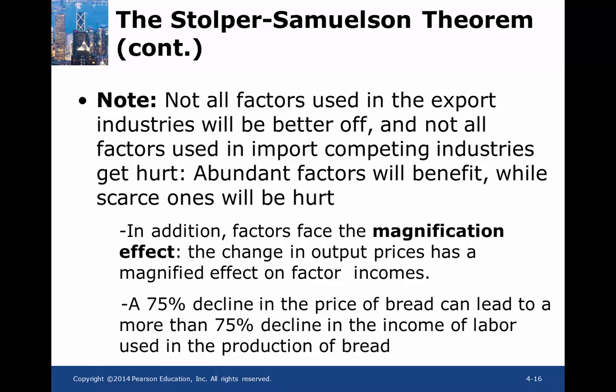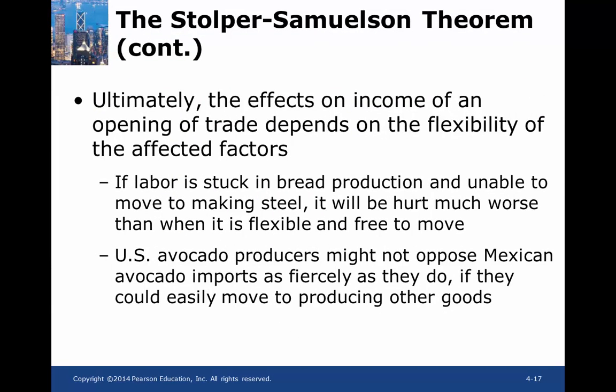A 75% decline in the price of bread can lead to a more than 75% decline in the income of labor used in the production of bread. Ultimately, the effect on income of opening to trade depends on the flexibility of the affected factors.